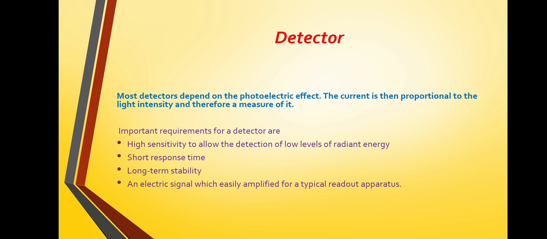And the last is an electric signal which is easily amplified for a typical readout apparatus. If the detector has these requirements, then and only then we use that detector for the spectrophotometer.